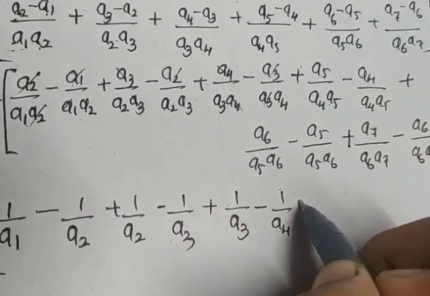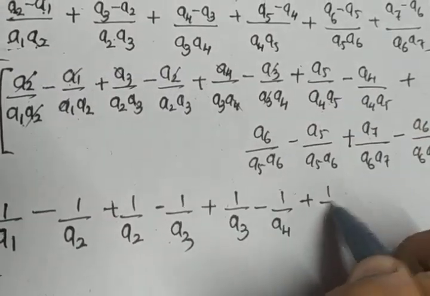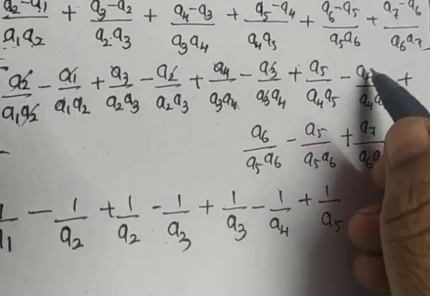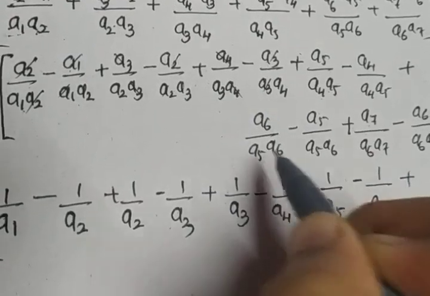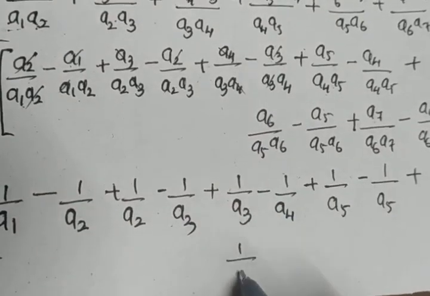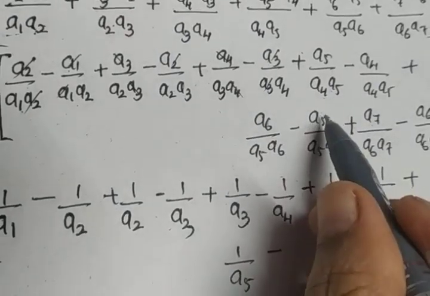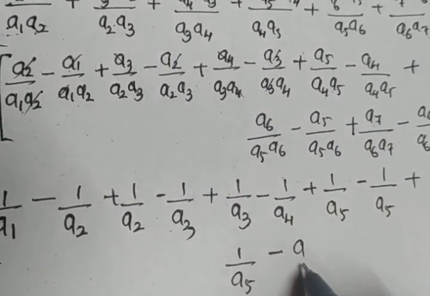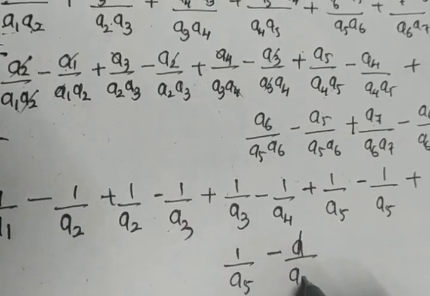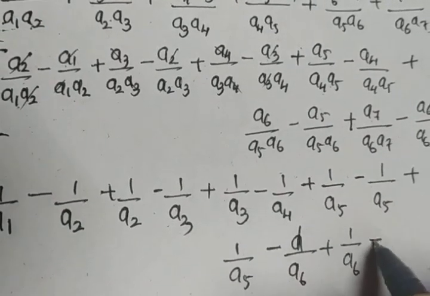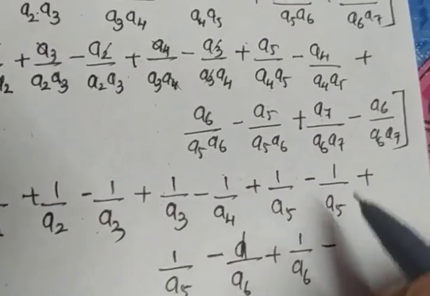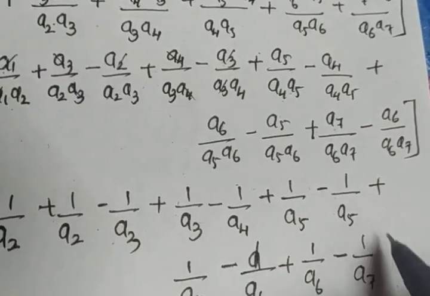Again the next one: A5 and A5 get cancelled, giving you 1 by A4. A4 and A4 get cancelled, giving you 1 by A5. Plus here A6 gets cancelled, giving you 1 by A5. Minus here A5 gets cancelled, giving you 1 by A6. Plus here A7 gets cancelled, giving you 1 by A6. Minus here A6 gets cancelled, giving you 1 by A7.